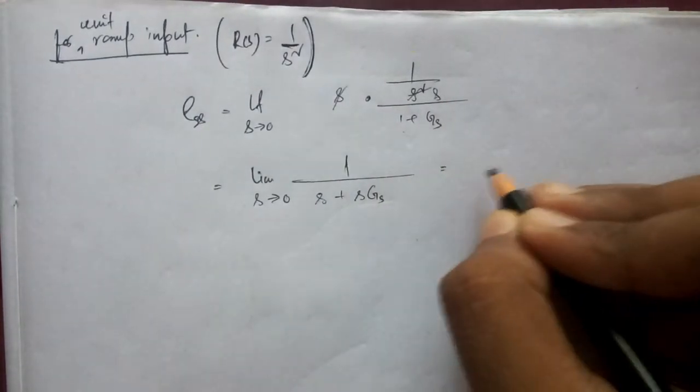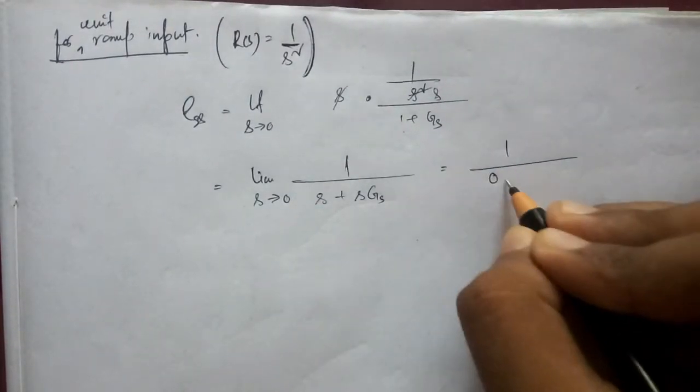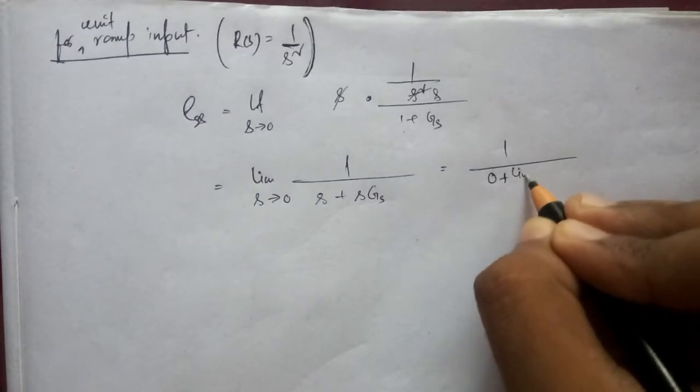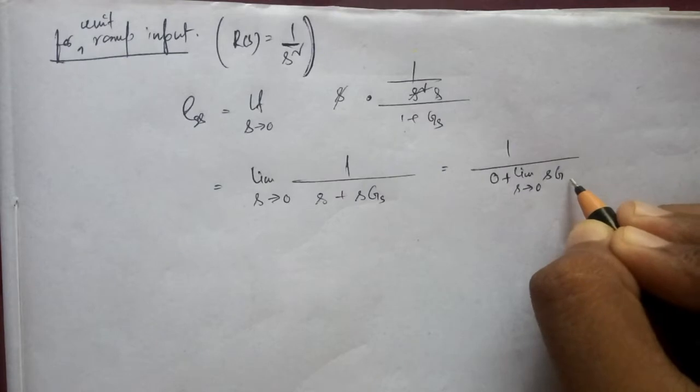Now if I put the value of s, then for limit s tends to 0 this value will be 0, plus I can take the limit here, limit s tends to 0 s G(s).